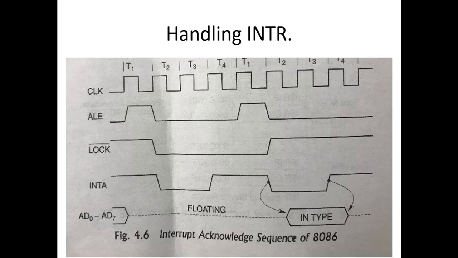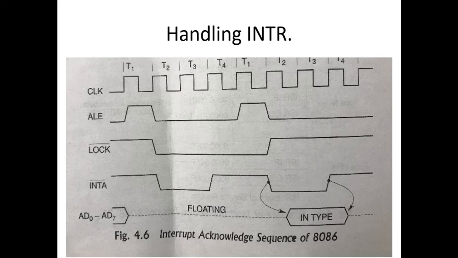That means LOCK remains low till the end of the next machine cycle. So it will not allow other devices to send any signal requesting the bus for any other purposes. Then with the trailing edge of LOCK, the INTA goes low.